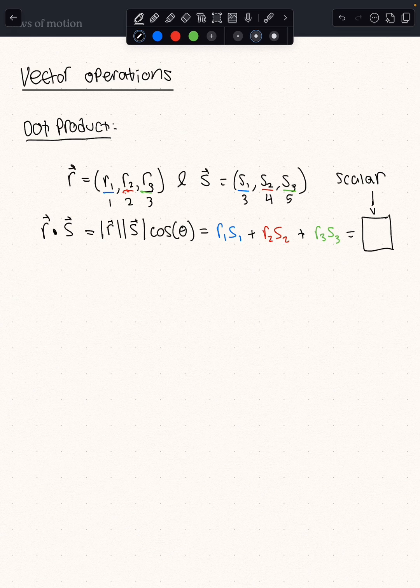This would be 1 times 3, so 3, plus 2 times 4, 8, plus 3 times 5, 15. So this is going to be equal to 26, I believe. Just a scalar number, 26.